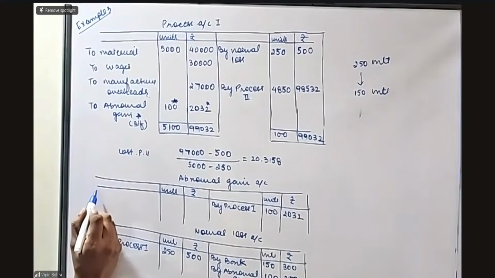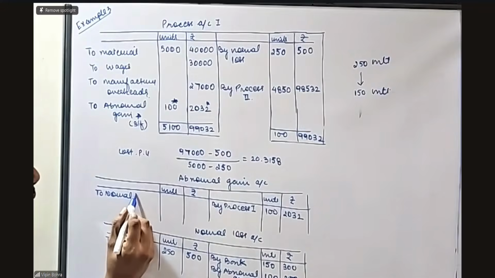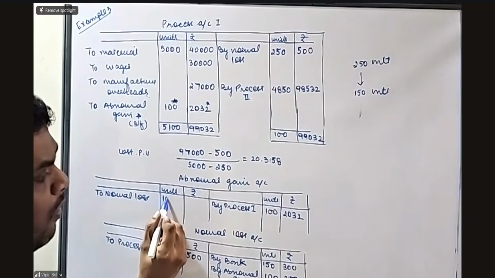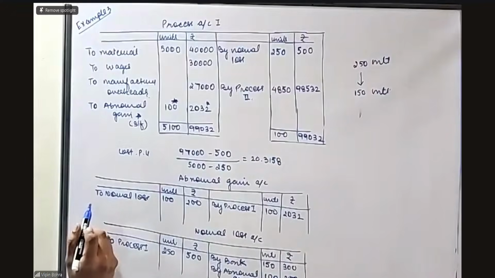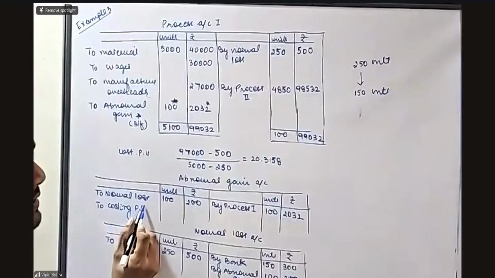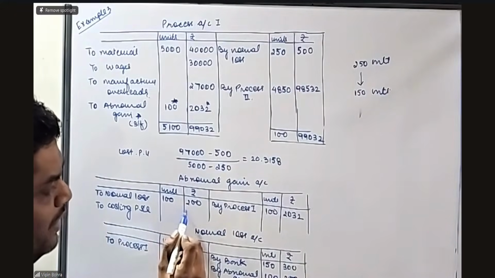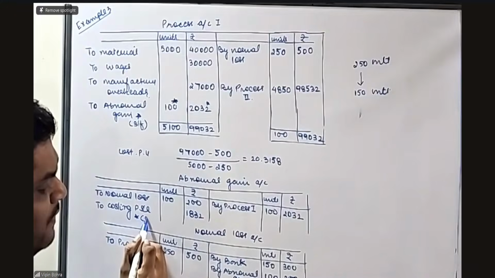So it will be adjusted against abnormal gain. So the balance amount to be transferred to costing P&L, that is my final profit, is only 1832. That is my balancing.